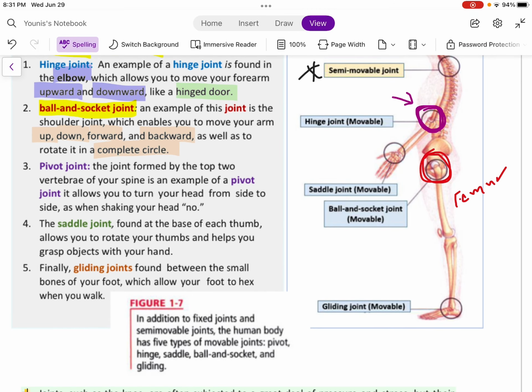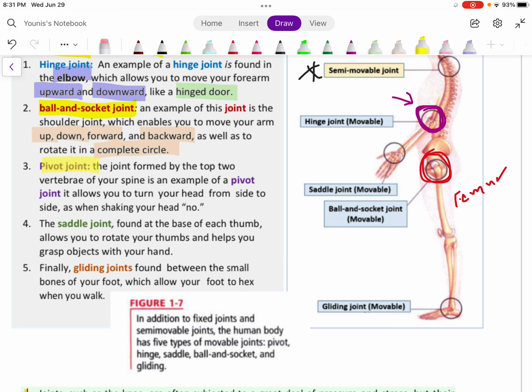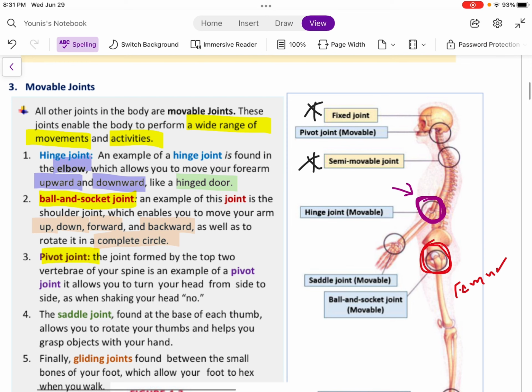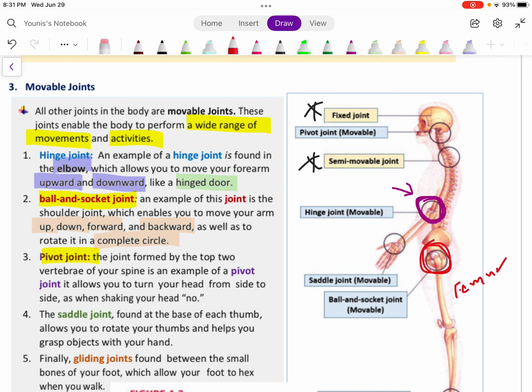The third type is the pivot joint. Focus on where I am pointing. The pivot joint is located in the neck region, the part where the head is attached to the vertebral column.